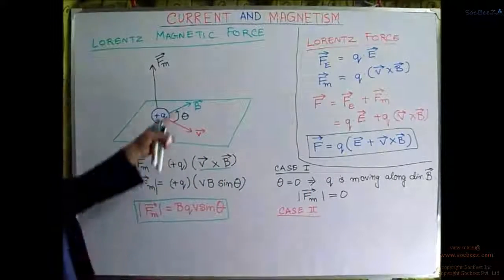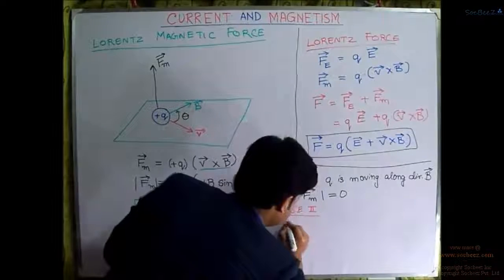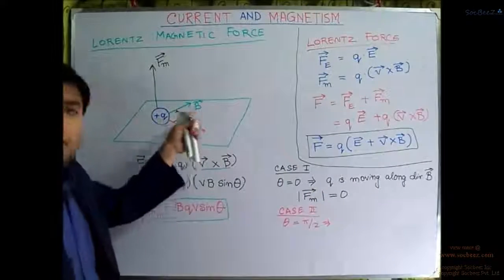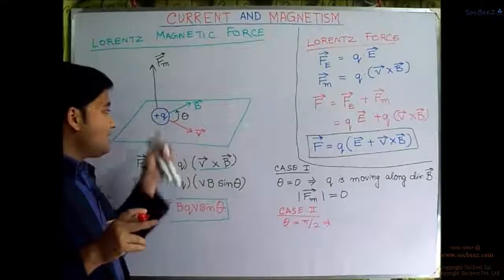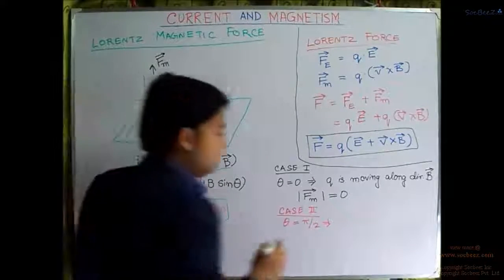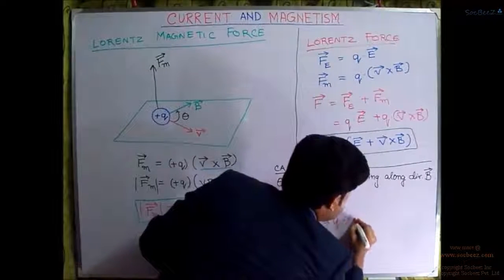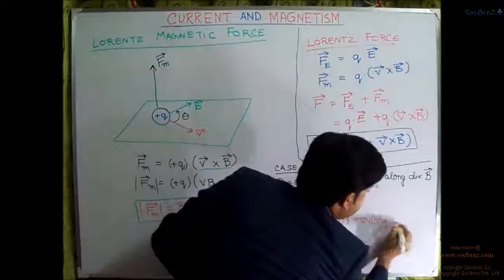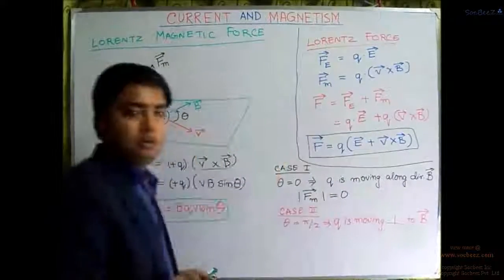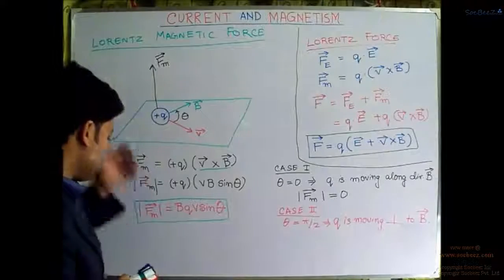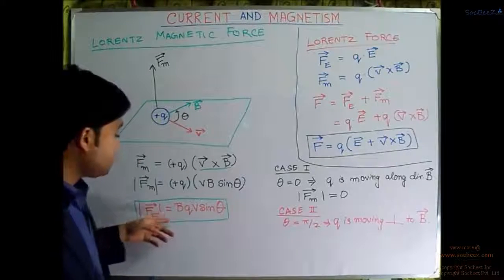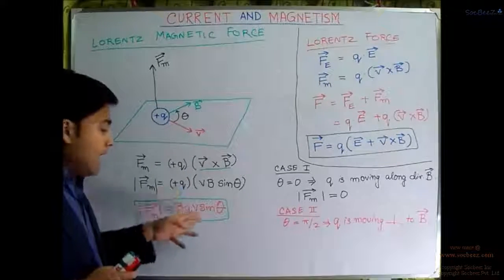Now let us take the second case. Say theta is equal to pi by 2, which implies that V and B are perpendicular to each other, which means that Q is moving perpendicular to the direction of B. In this scenario, the Lorentz magnetic force exerted on the charge will be equal to BQV multiplied by sine of pi by 2.